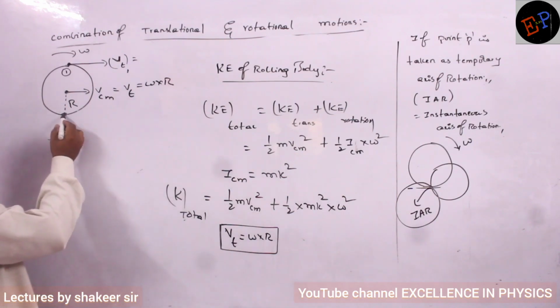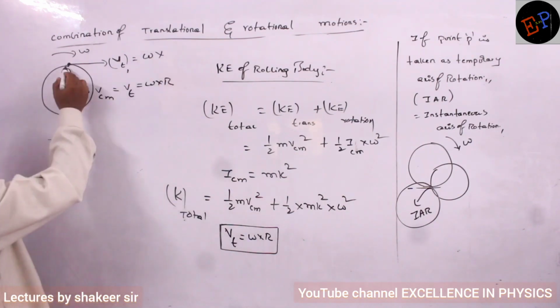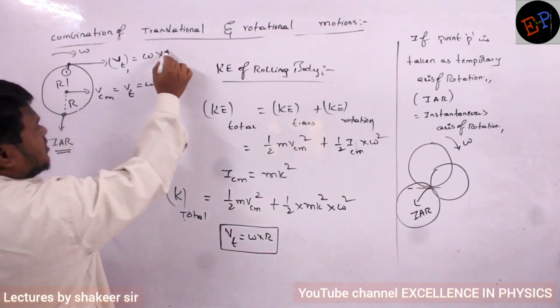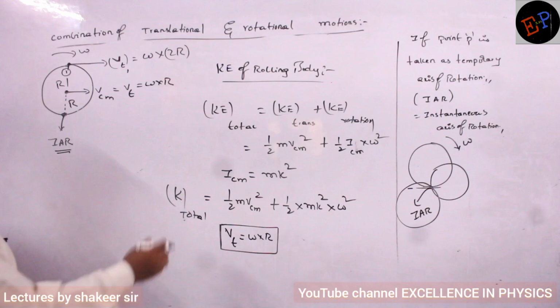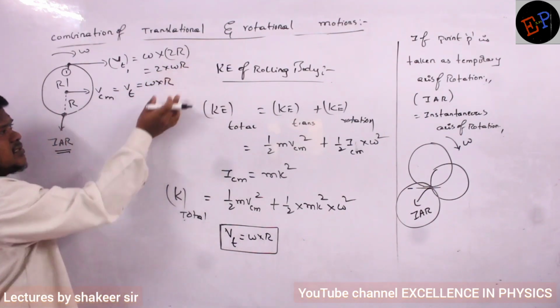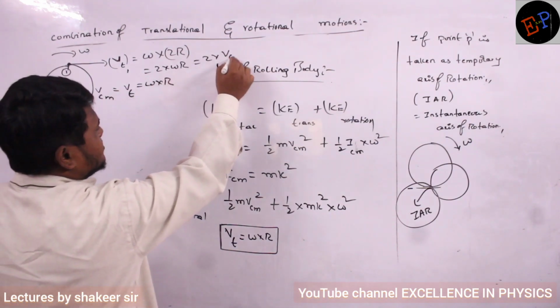Omega into what? This is the axis of rotation, no? So omega. But what is the distance from the axis of rotation? R plus r, 2r. 2r distance is there, no? So omega into 2r I have to write. Or also I can write it as 2 into omega r. Omega r is nothing but velocity of center of mass, no? So therefore I can write it is 2 times of velocity of center of mass.